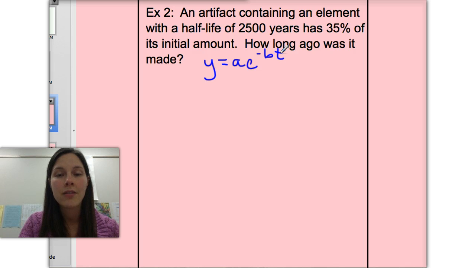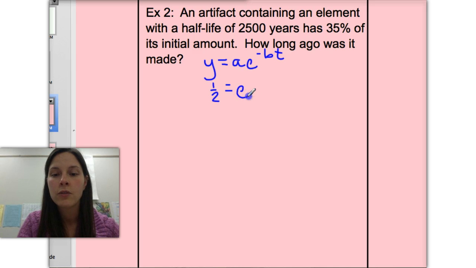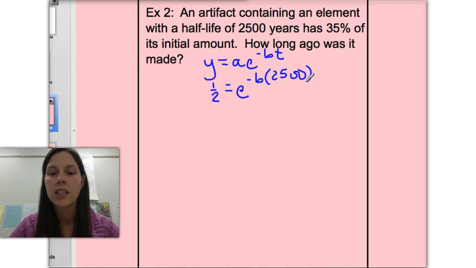We know the half-life, so again, half of what we started with will be left. So you can either drop that a or substitute 1 if you need that placeholder for your a. We're solving for b, and we know that it took 2,500 years for half of the material to decay.